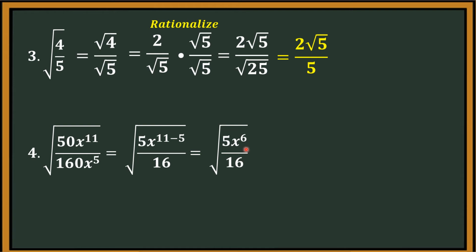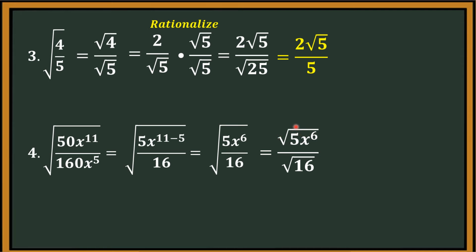Then, yung x raised to the 6th power, perfect square siya. So, let us separate this first. So, that is also equal to the square root of 5x raised to the 6th power over the square root of 16. So, yung sinasabi natin kanina, x raised to the 6th power is a perfect square. So, pwede natin itong isimplify. Perfect square siya kasi divisible siya by its index which is 2.